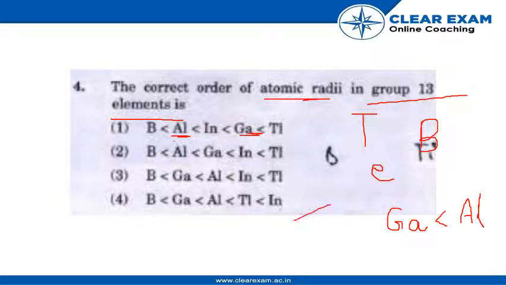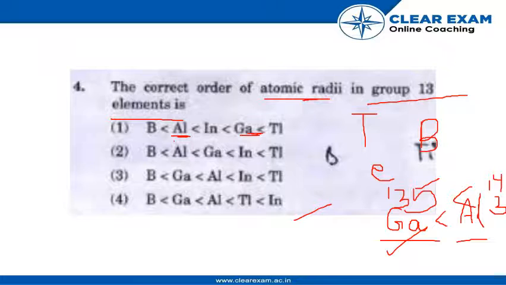Thus, the electrons of gallium experience a greater force of attraction by the nucleus than in aluminium. Hence, the atomic size of gallium, 135, is slightly lesser than aluminium, that is 143.